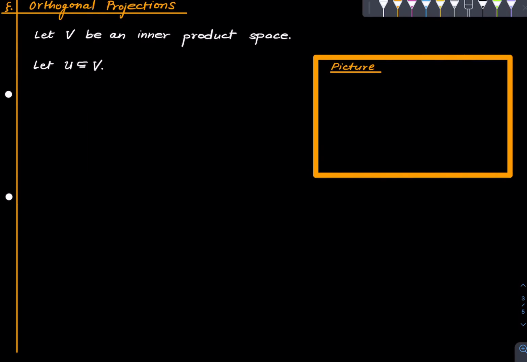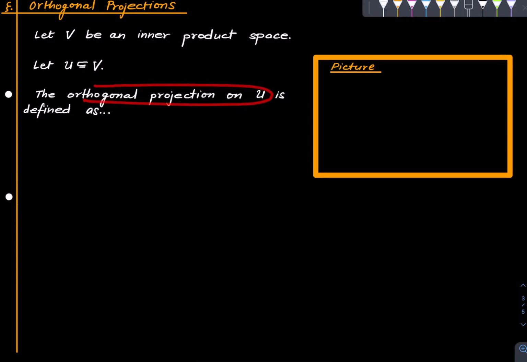So we will define what is an orthogonal projection. Fix an inner product space V and fix a subspace U of V. The orthogonal projection on U is defined as something, but let's first see the picture.